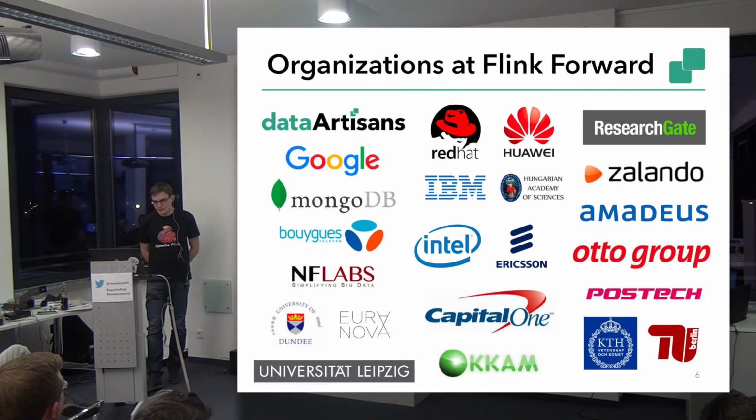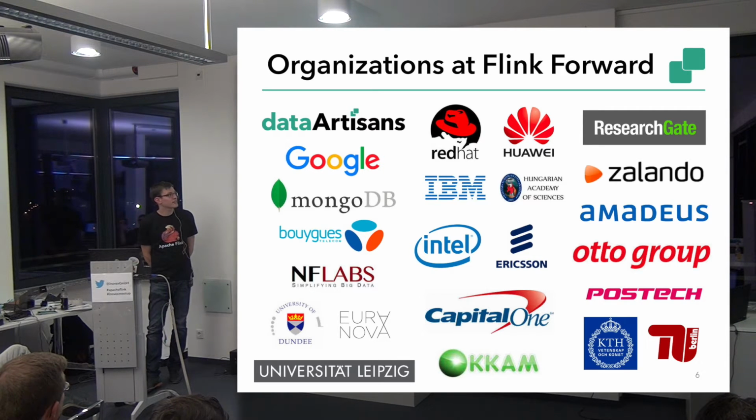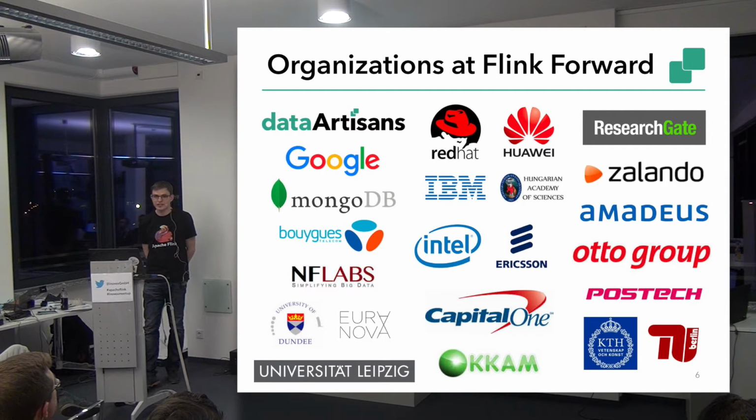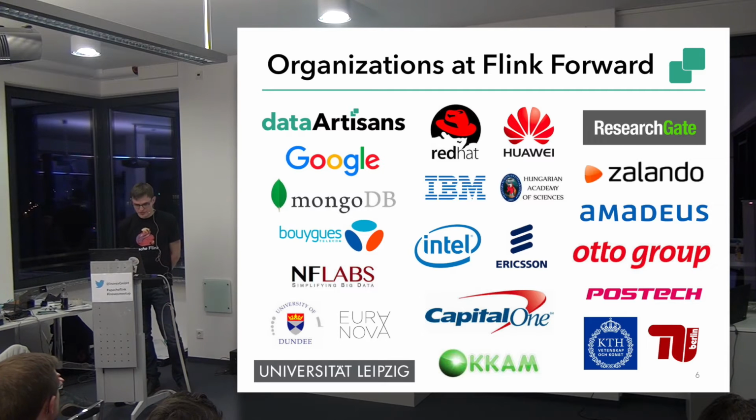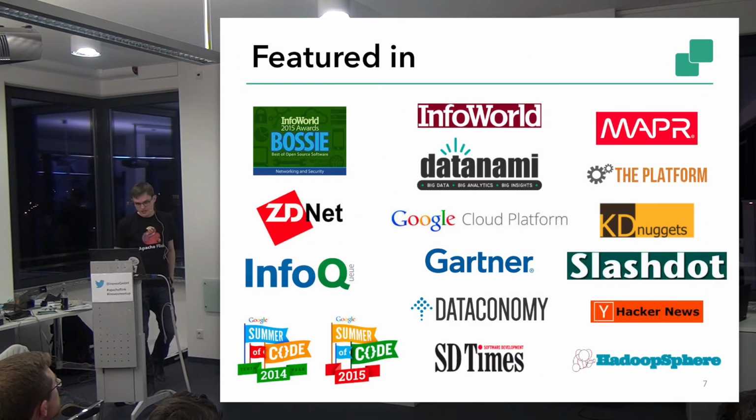There are also a lot of companies, research institutes, and universities behind Flink. So this is just the list of the logos of the organizations which were speaking at Flink Forward. So Flink Forward was the first conference on Apache Flink, which was held in Berlin a few weeks ago. As you can see, it's quite a few prominent names which are using Flink, contributing to Flink, and so on.